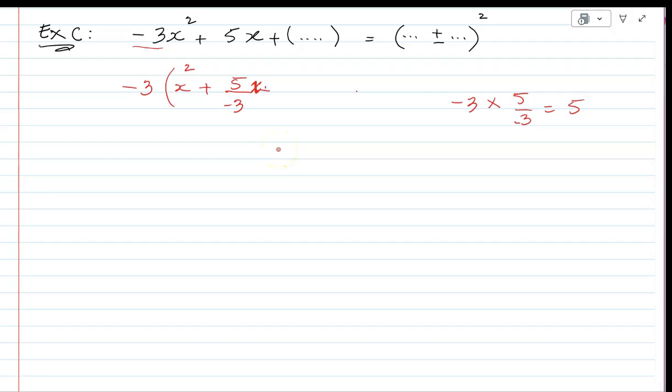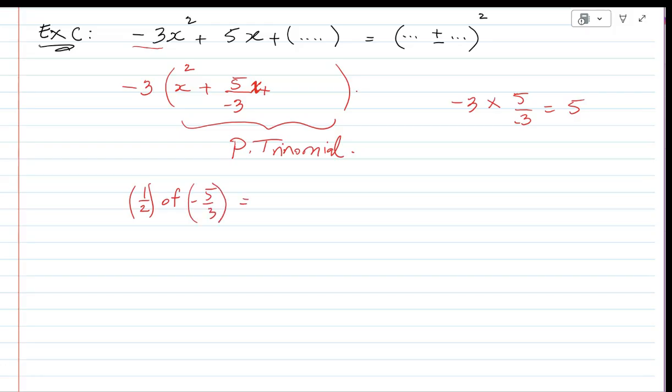But plus, and then I'm going to leave a space here because I have to add a number here that makes this a perfect square trinomial. Okay, so let's see what we can do. Remember the rules. First, we're going to take half of -5 over 3. Remember, of means multiplication.